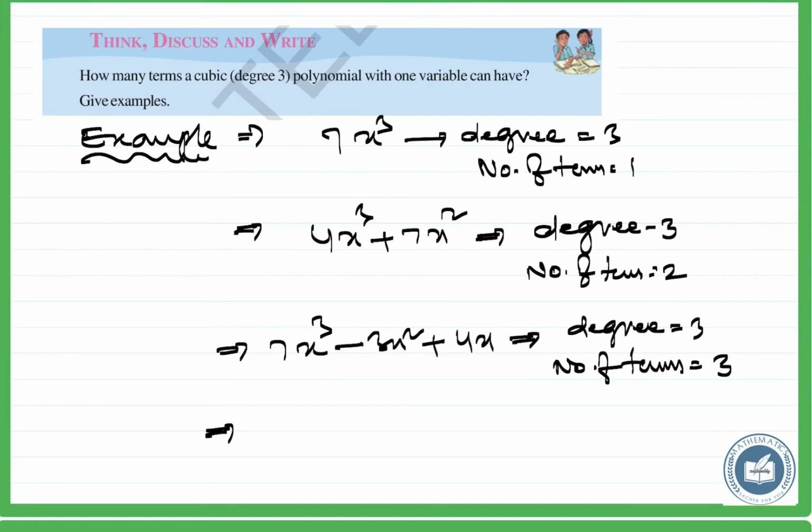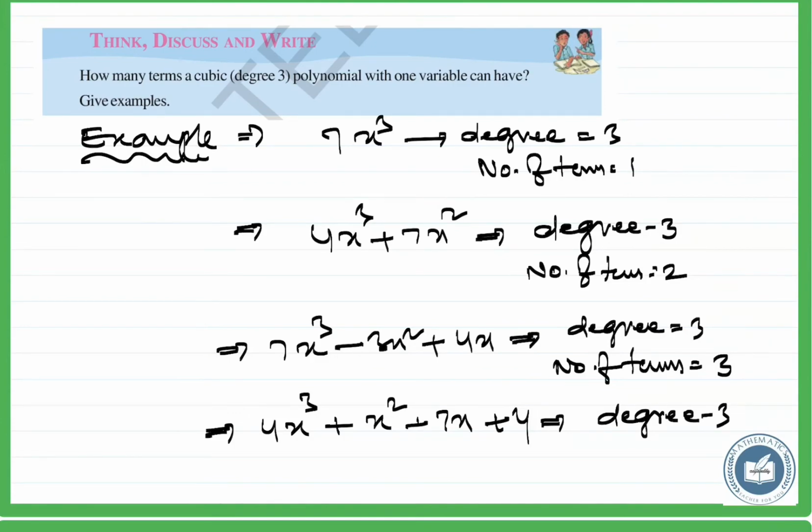The last one you can write: 4x cube plus x square minus 7x plus 4. Here you see how many terms are there. Degree is the same, degree is 3, and the number of terms is equal to 4.